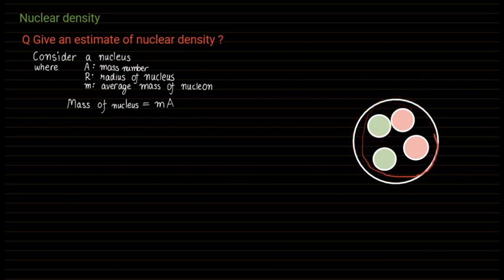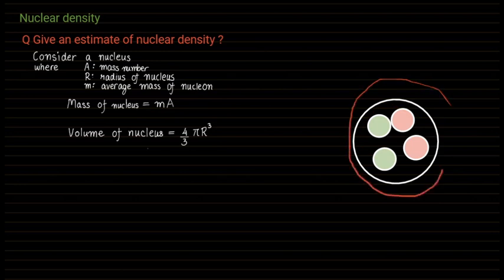So the total mass of this nucleus is given as m times the mass number A. So what will be the volume of this nucleus? Just now I said you can assume this nucleus like a spherical ball, and we know the volume of a spherical ball. It is 4/3 pi r cube.